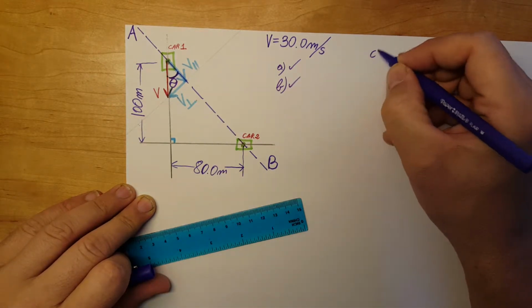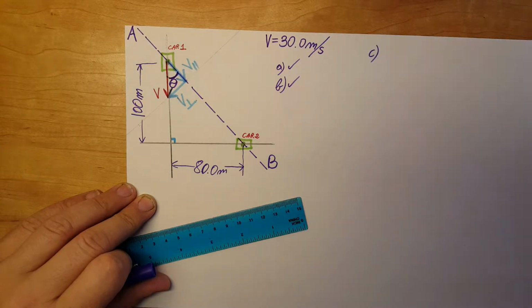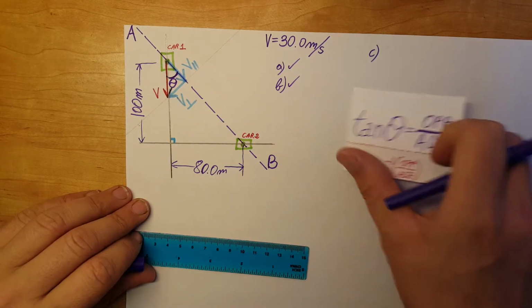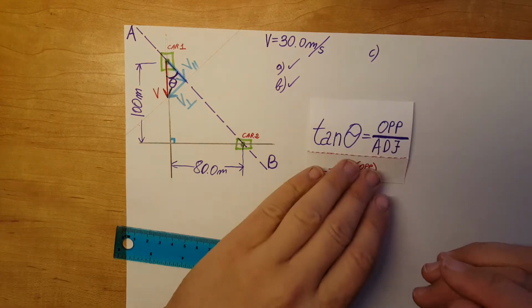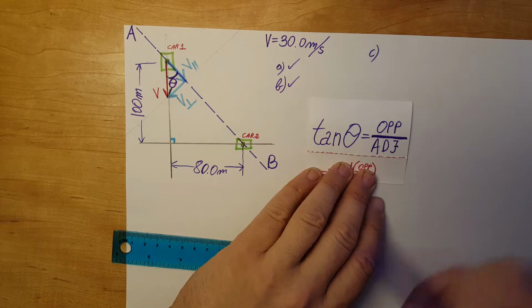Part C of the problem is asking us to write a trig function that can be used to find the numerical value of theta from the numbers given in the figure. So for this one, we're gonna turn to our friend tangent, and tangent of theta equals opposite over adjacent.